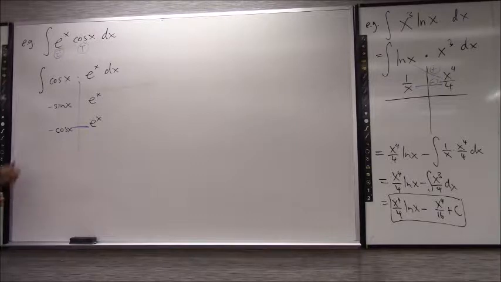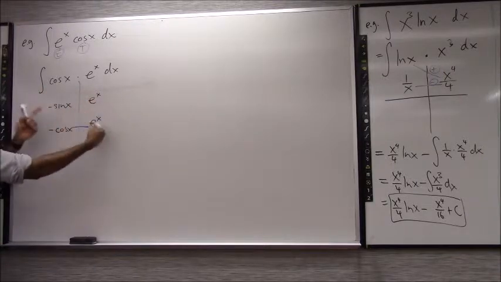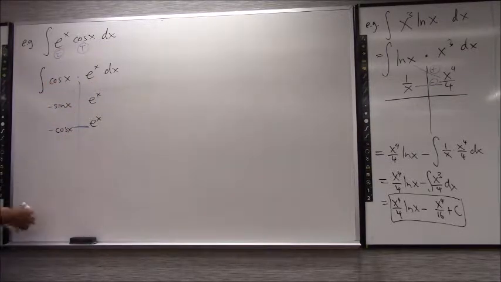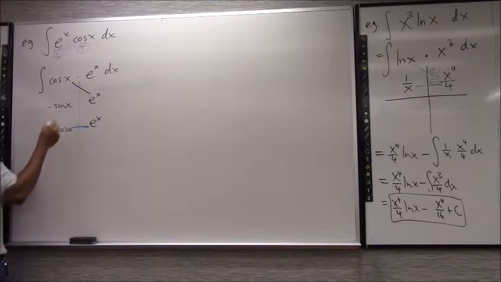At that point, neither of these will hit 0 if I keep integrating or differentiating them. But eventually, you notice that they come back on themselves. It gets to a point in this table where I end up with the original back. So there are going to be two levels of multiplication happening here, and then the integral comes back.